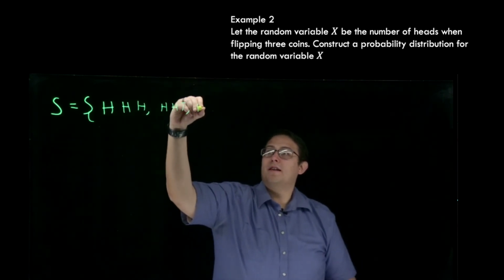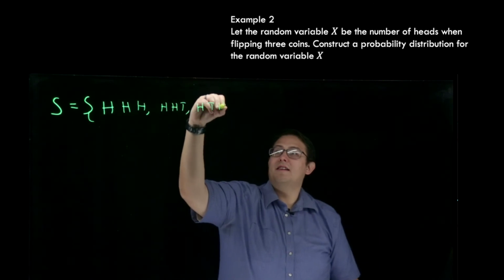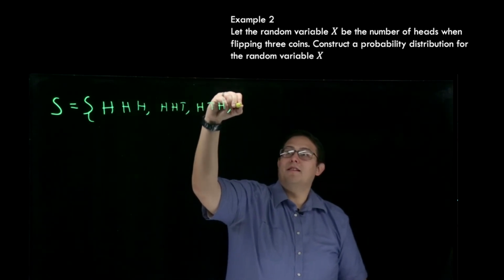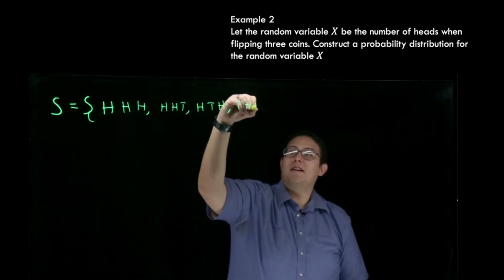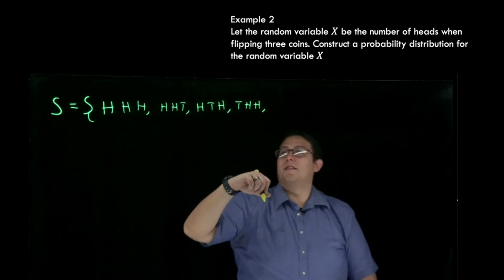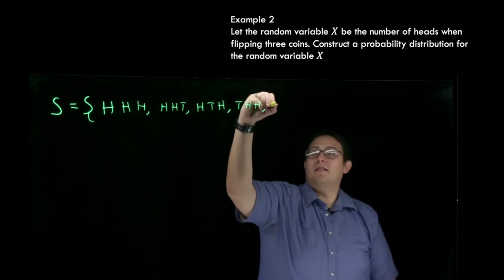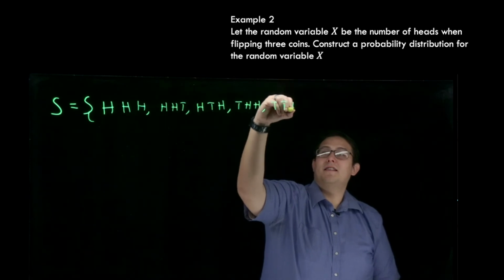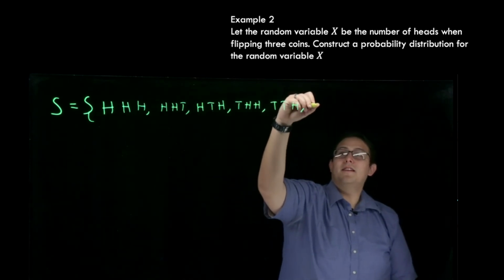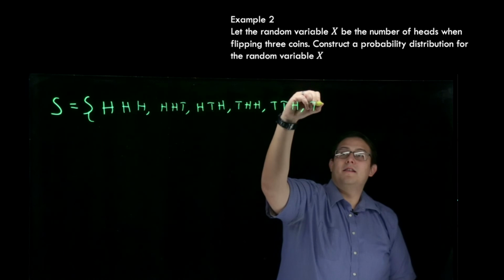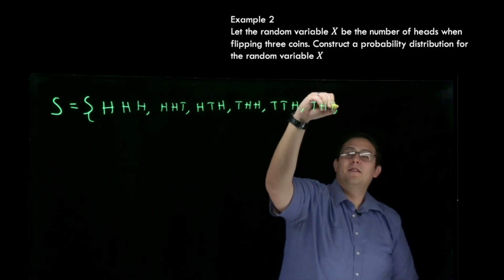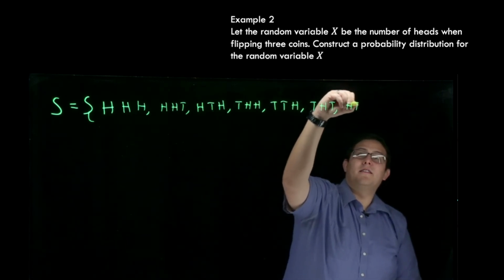Or you get heads, tails, heads. Or maybe you get tails, heads, heads. Or you could get tails, tails, heads. Or you could get T, H, T. Or you could get heads, tails, tails.